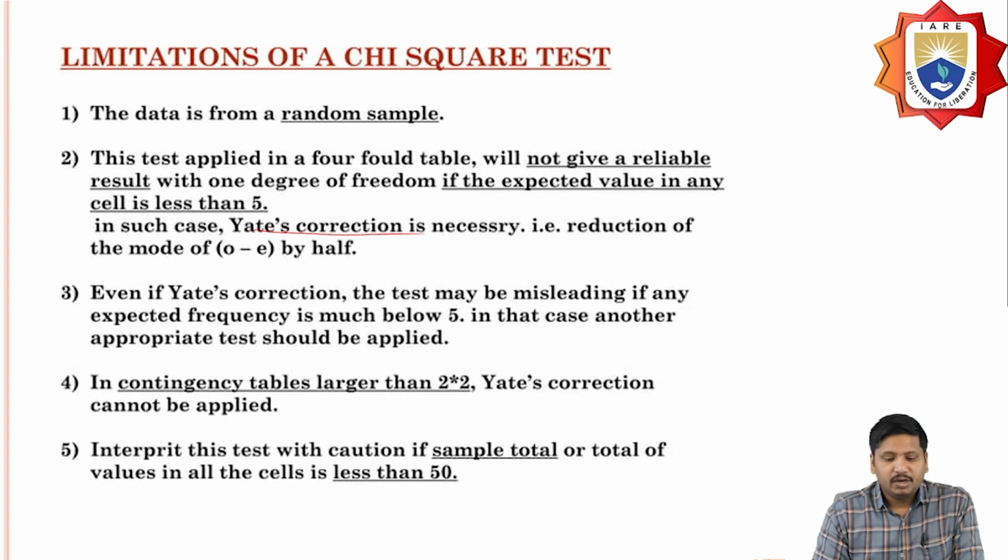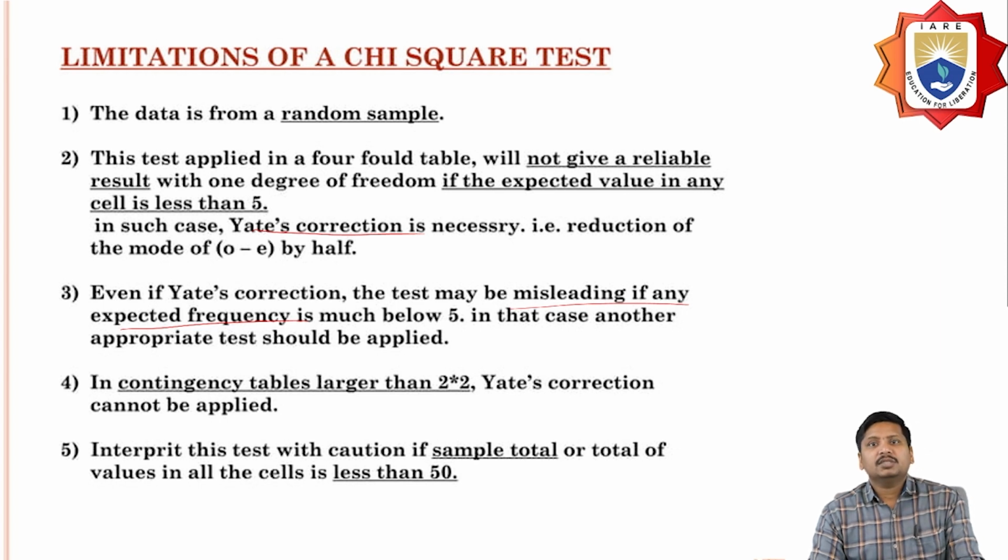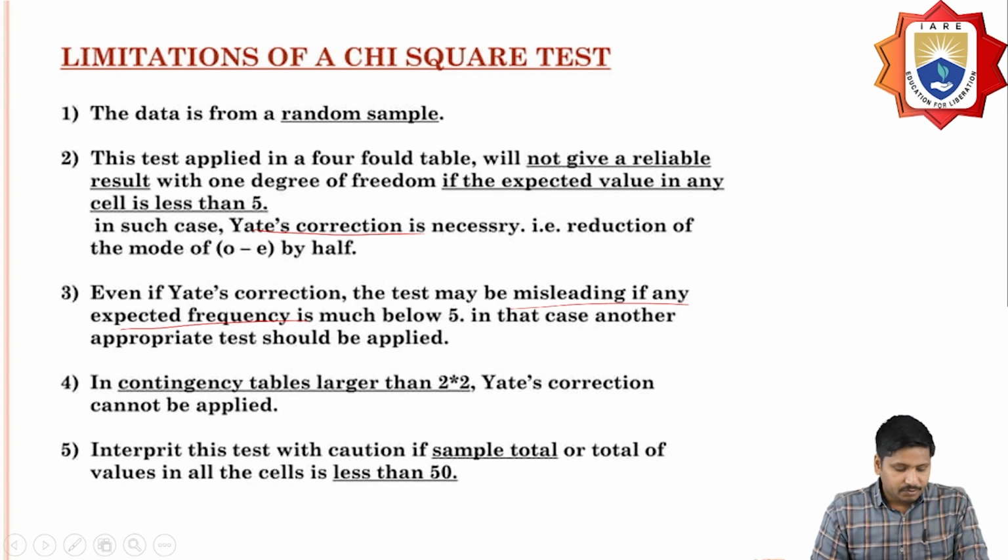Even with the correction, the test may be misleading if any of the expected frequencies is below 5. If the contingency table is larger than 2 by 2, then Yates correction cannot be applied. And we have to interpret this test with caution if the sample total or sample values in the cells are small.